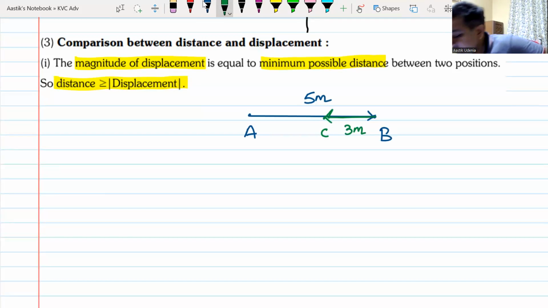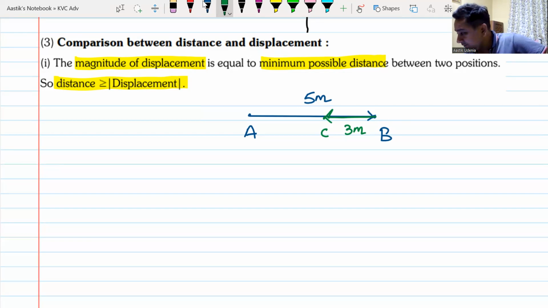It is always moving in a straight line. Now, when I say from A to C, what is the distance traveled by the body? It has gone from A to B and then from B to C. 8 meters. Remember, it is still moving in a straight line.